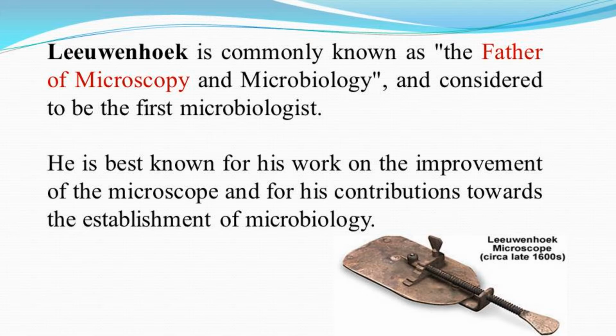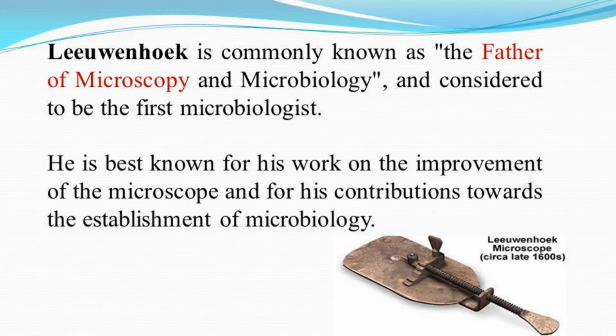Anton van Leeuwenhoek, a Dutch businessman and scientist, is commonly known as the father of microscopy and microbiology, and he is considered to be the first microbiologist too. He discovered blood cells and microscopic nematodes and studied the structure of wood and crystals.